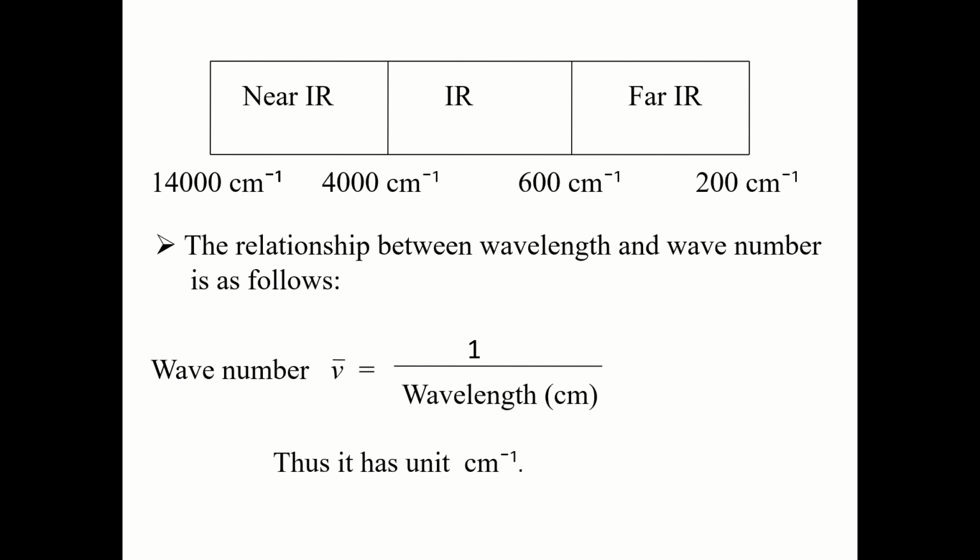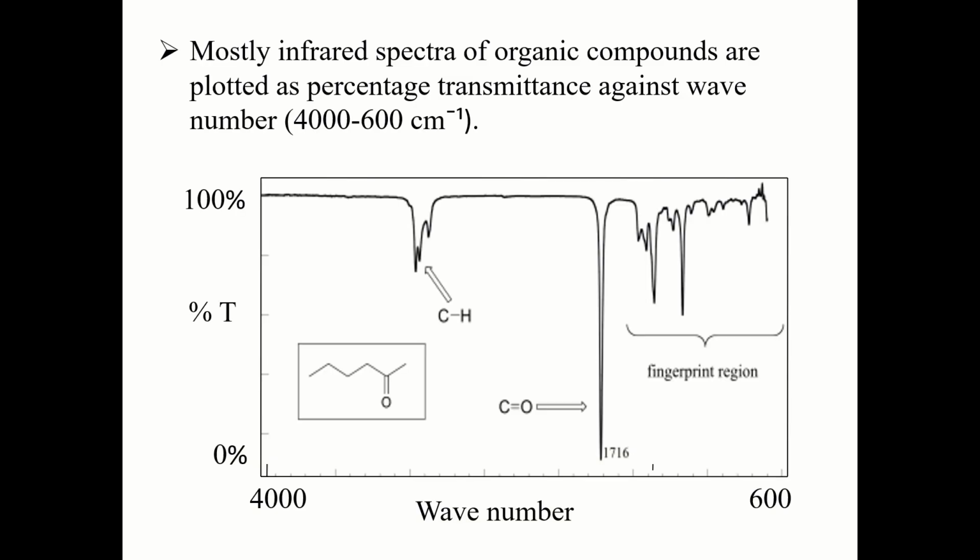The relationship between wavelength and wave number is as follows: wave number is inversely proportional to wavelength. The unit of wave number is centimeter inverse. The IR plot or IR graph is percentage transmission versus wave number. Here we observe the IR spectra in the form of bands.